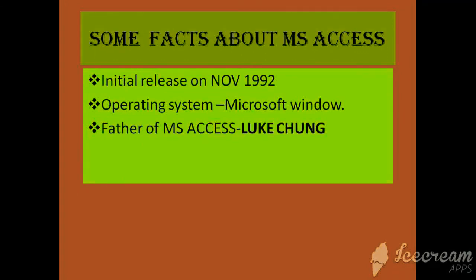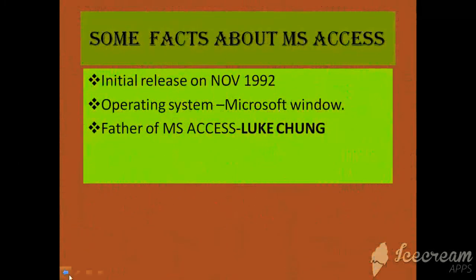So what additional information would I like to discuss with you? First is when it was created, right? It was initially released in November 1992. This software was released 28 years ago. Please remember, it is interesting, November 1992. And on what operating system, what platform it is compatible: that is Microsoft Windows.